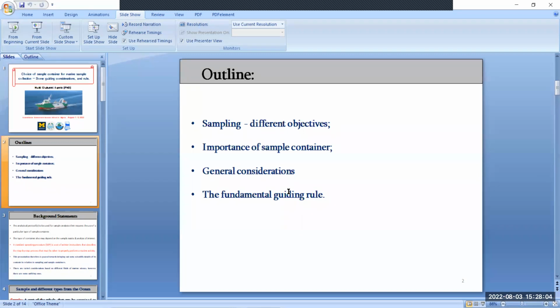The outline that I will follow: I will quickly talk briefly about sampling and different objectives, then the importance of sample containers, general considerations given to sample containers, and the fundamental guiding rule.